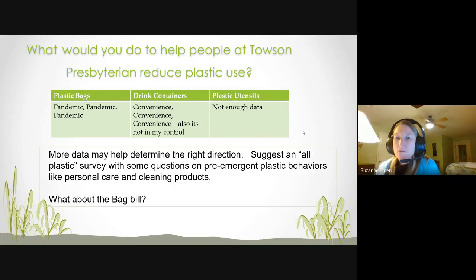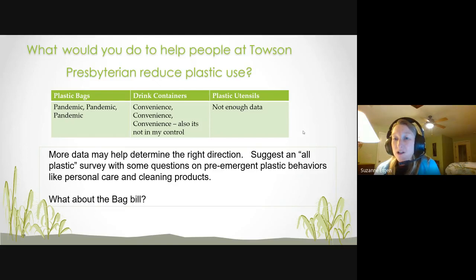But I would suggest that we create a more detailed plastic survey for you that gives you some more information about people's habits in these 3 areas. And I'm thinking about those drink containers. Is it plastic water bottles that people are using? Is it coffee cups with plastic lids? Is it specific beverages that they want that only come in that plastic?